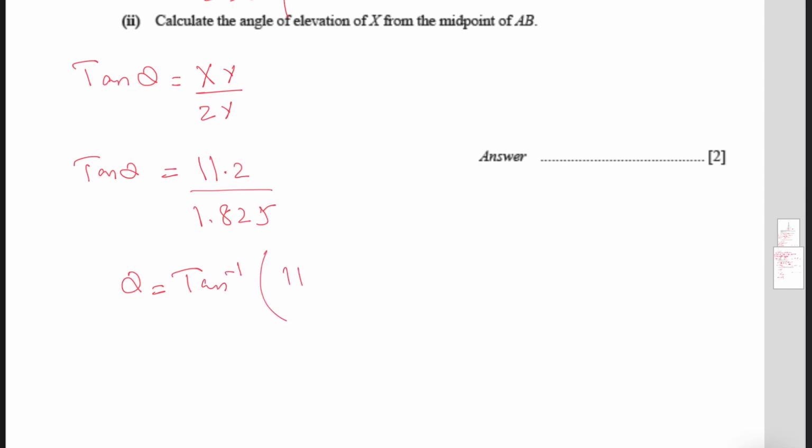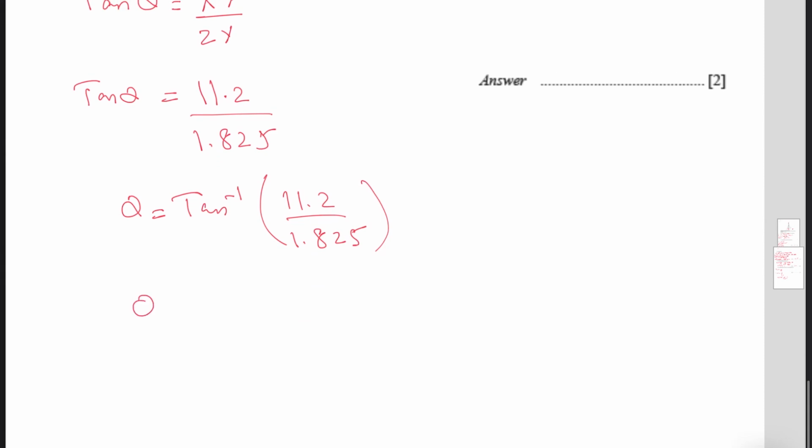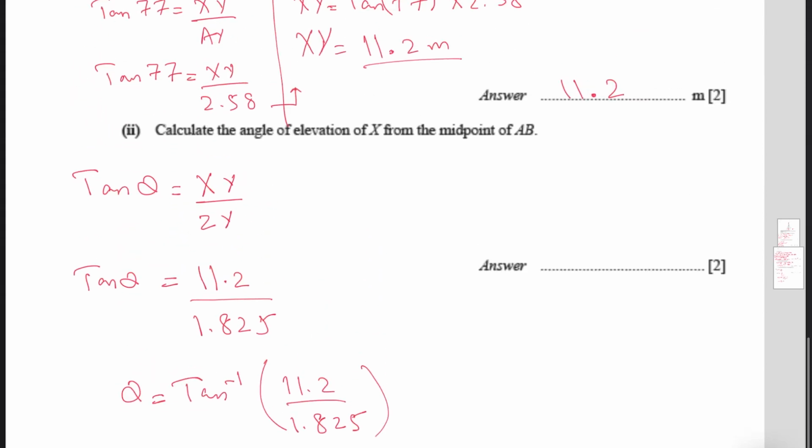Tan inverse of 11.2 divided by 1.825 should give us the angle. Shift tan inverse. This gives us 80.7. So the angle of elevation of X from the midpoint of AB is 80.7 degrees.